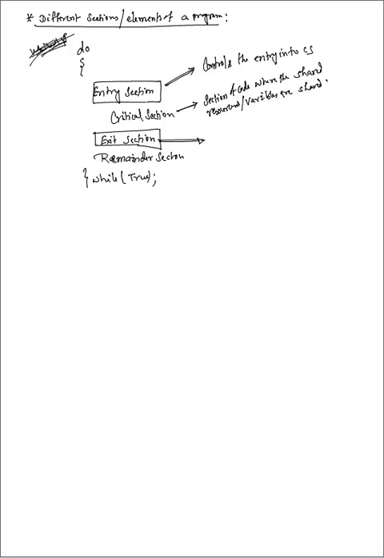Now what about exit section? So basically it handles the entry of others. For example, let us suppose we have three processes, P1, P2, P3. P1 is executing the critical section, and after the completion of execution, P1 leaves the critical section. Then there must be some condition for P2 or P3 to enter the critical section.